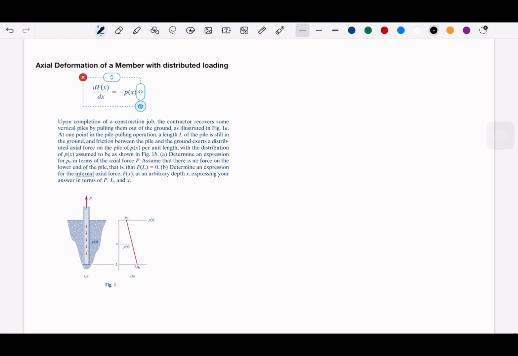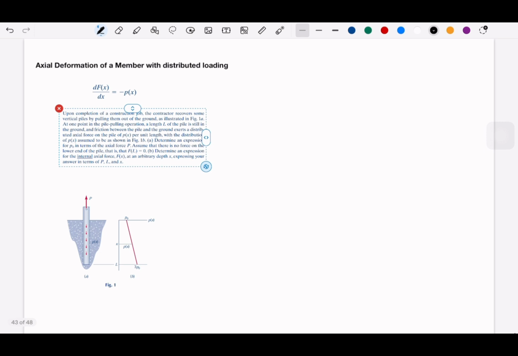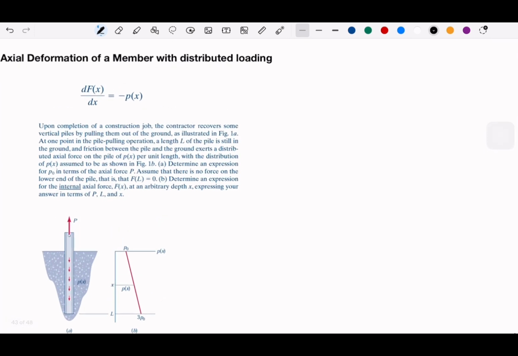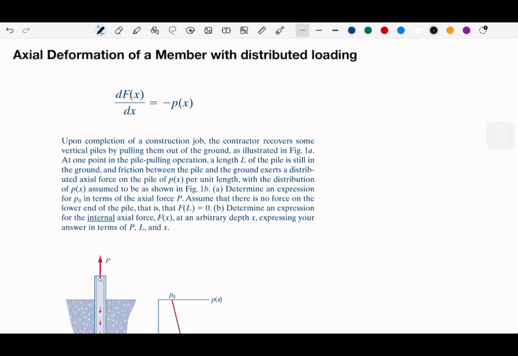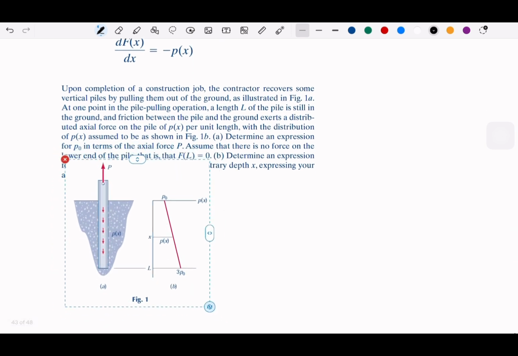So suppose that we have the equilibrium equations, which we can write as dF/dx equal minus p of x. So we are going to take x as our variable. X is supposed to be the axis that is parallel with our deformations. And suppose that we have this question here.